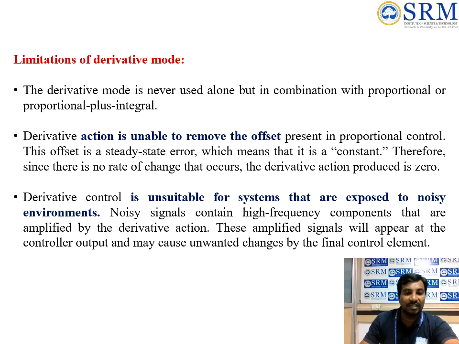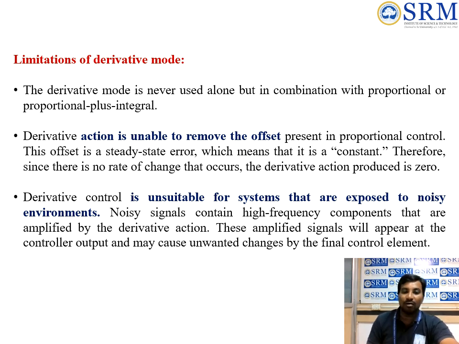The limitation of this derivative mode is that it is never used alone, but in combination with proportional, and proportional plus integral can be used. This action is unable to remove the offset present in proportional control. This offset is a steady state error, which means that it is constant. Therefore, since there is no rate of change, the derivative action produced is zero.